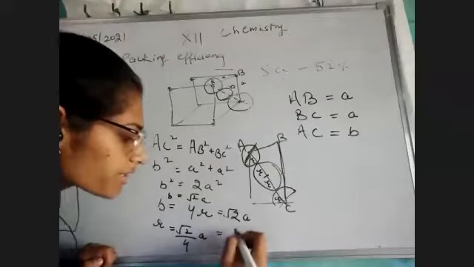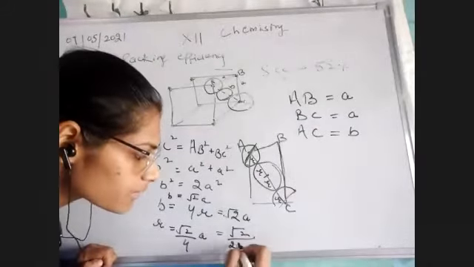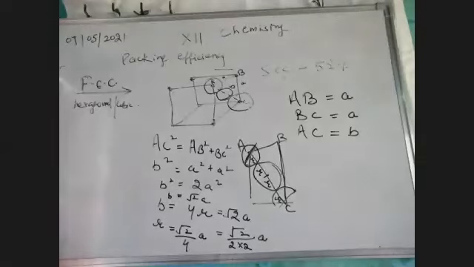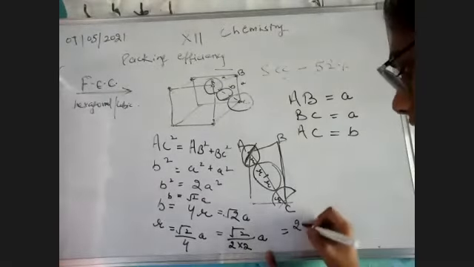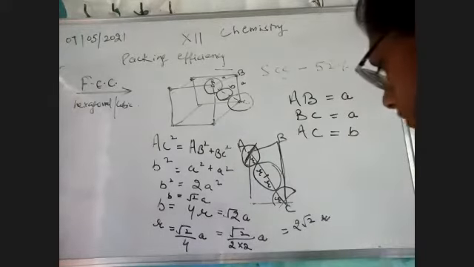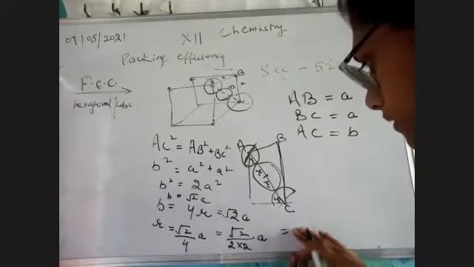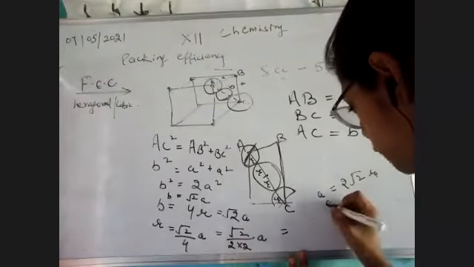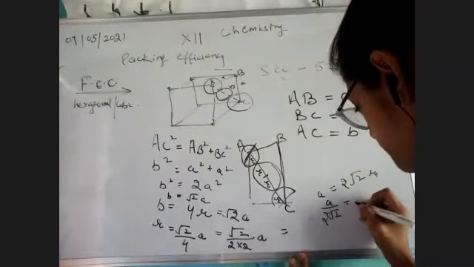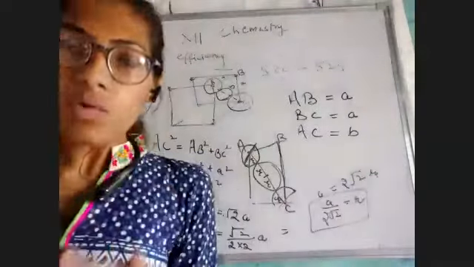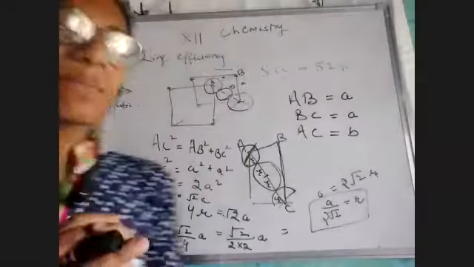If I further solve it, a equals 2 under root 2 r, and if I'm representing r, it would be a divided by 2 root 2. Okay, so now we have calculated our radius, which is equal to a by 2 under root 2.